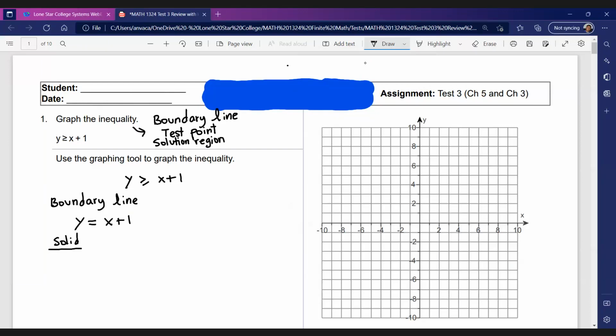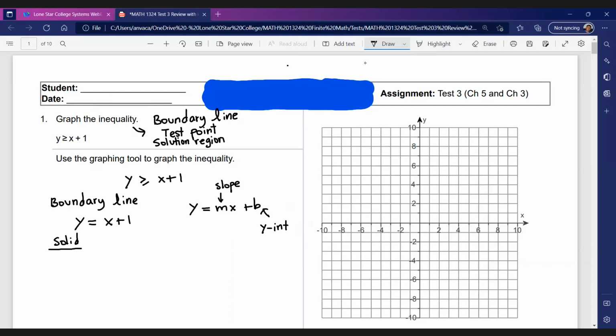To graph this line, we're looking at the equation of a line in the form y equals mx plus b, where m represents the slope or the steepness of the line, and b is the y-intercept.